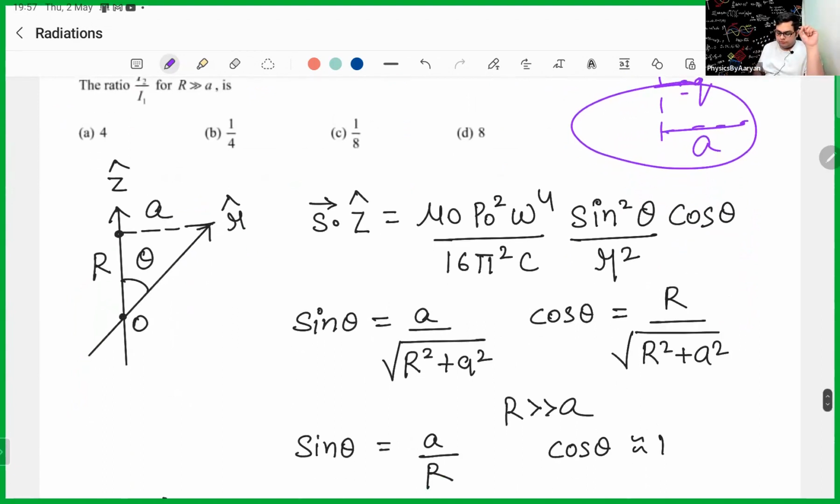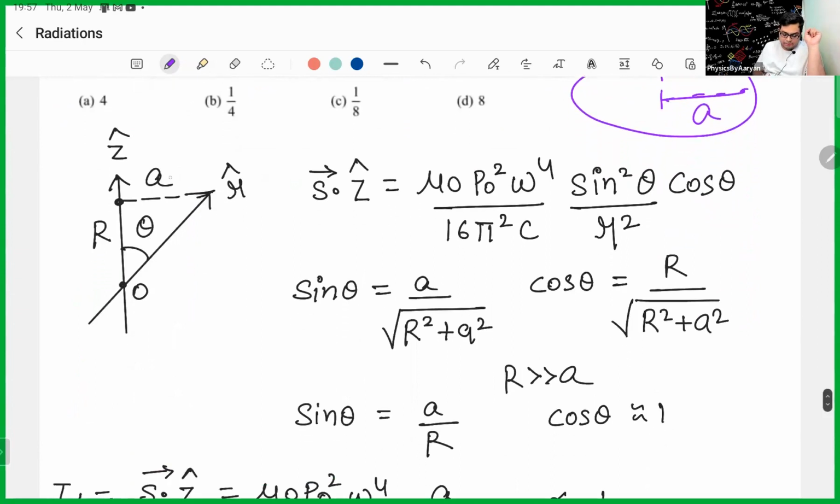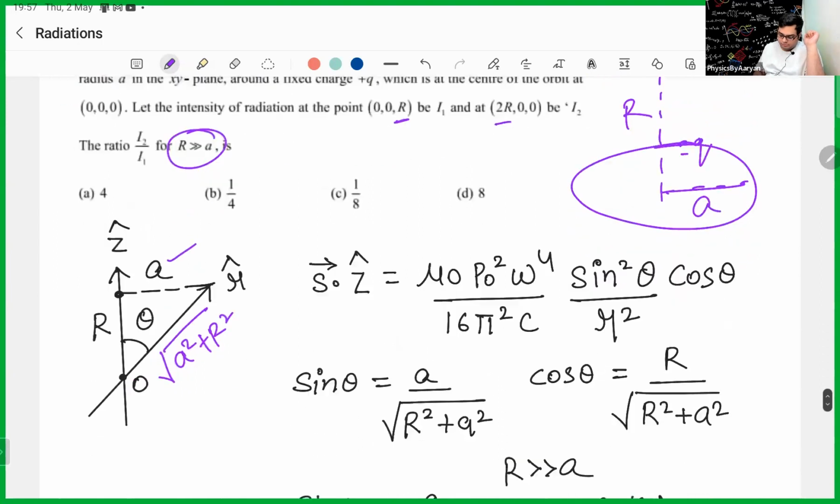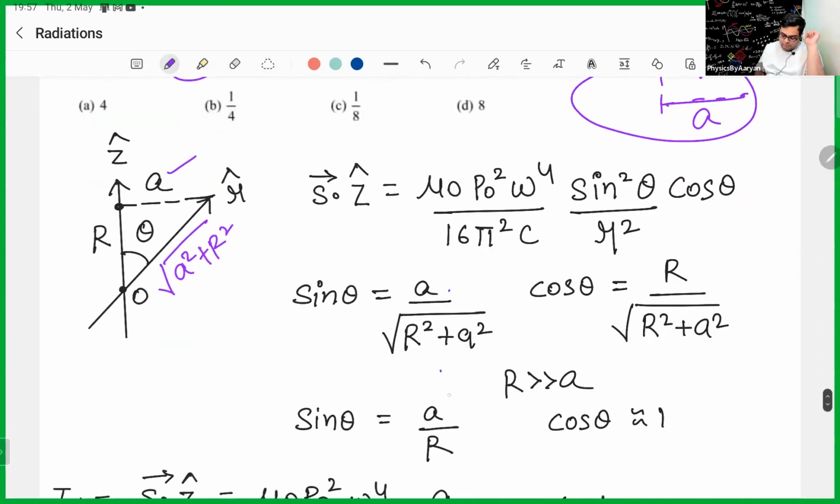In our formula, you see one is sine theta and one is cos theta. If I do sine theta, I get perpendicular, which is A, over hypotenuse, so this will be the square root of A squared plus R squared. Similarly, cos theta will be base by hypotenuse. Now it is given that R is much greater than A. Then this thing will simply become A by R, and this thing will become R by R, which is almost 1.